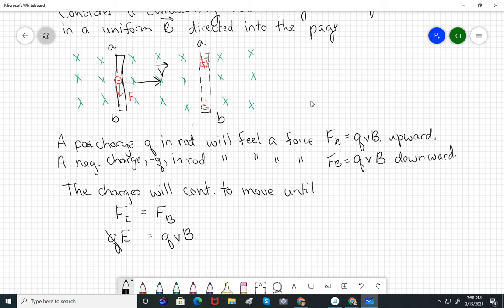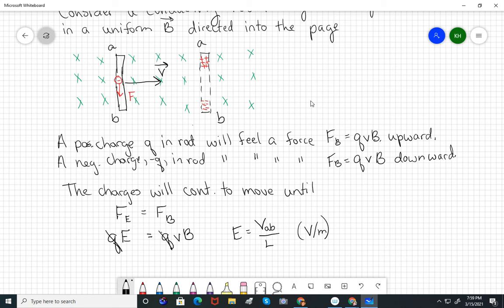Notice it doesn't actually depend on that. And the electric field in this rod, if you think about it, is the potential difference from point A to point B divided by the length of the rod. That's going to give us our units. Remember, electric fields are volts per meter.